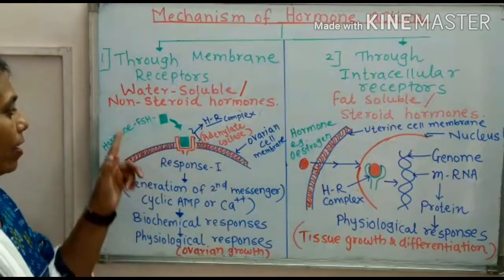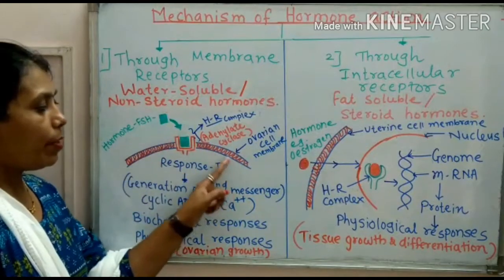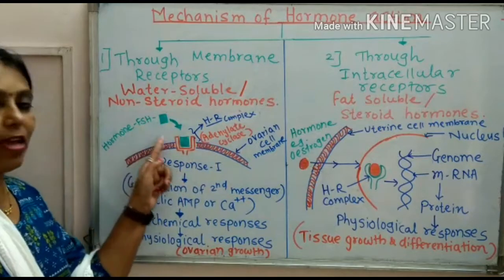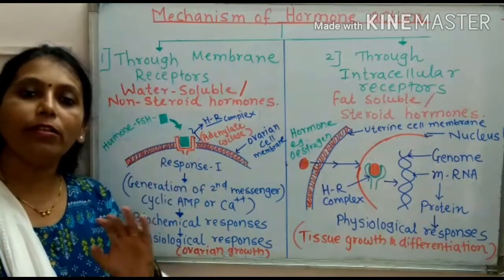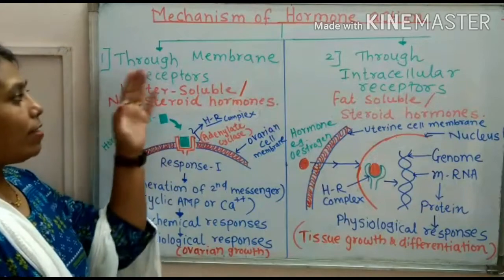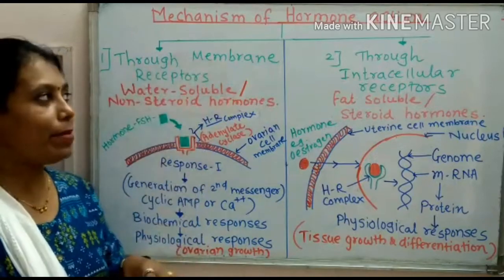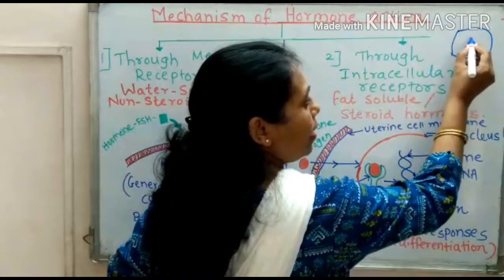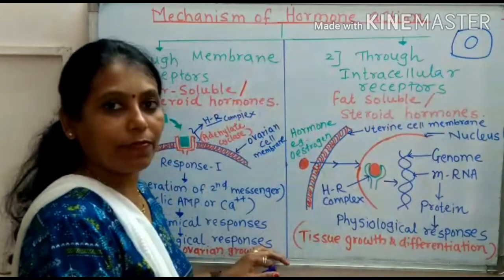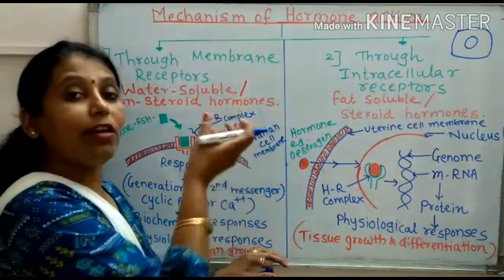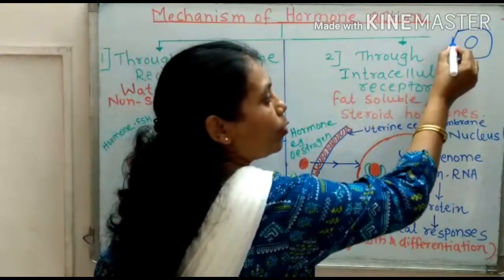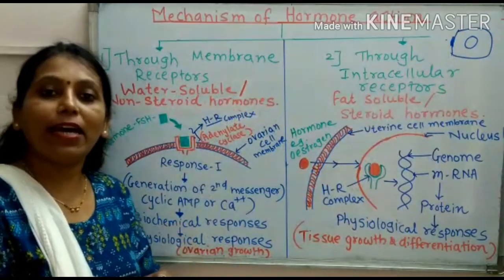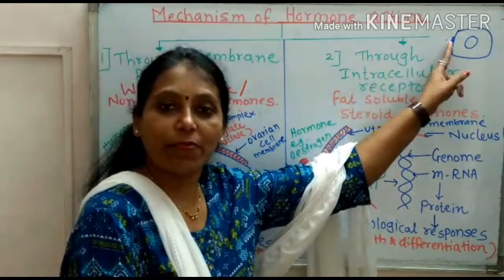So let us study. Here, this is the ovarian cell membrane, and the example we have taken is FSH hormone, follicle stimulating hormone. As we have written here, through membrane receptors, suppose this is a cell and this is the nucleus. In this case, the hormones act here only, on the plasma membrane, because the receptors are present on the plasma membrane.